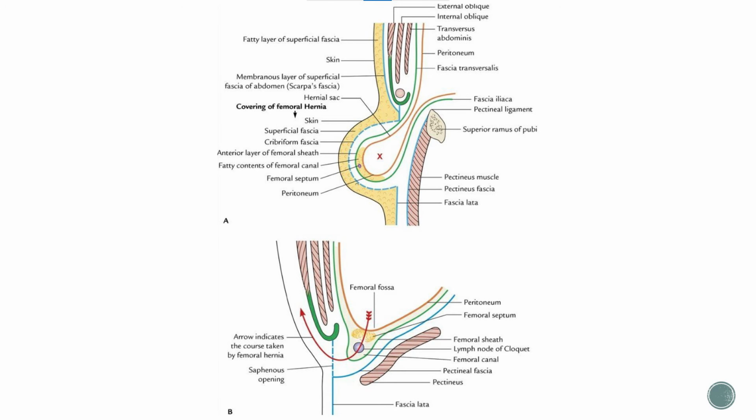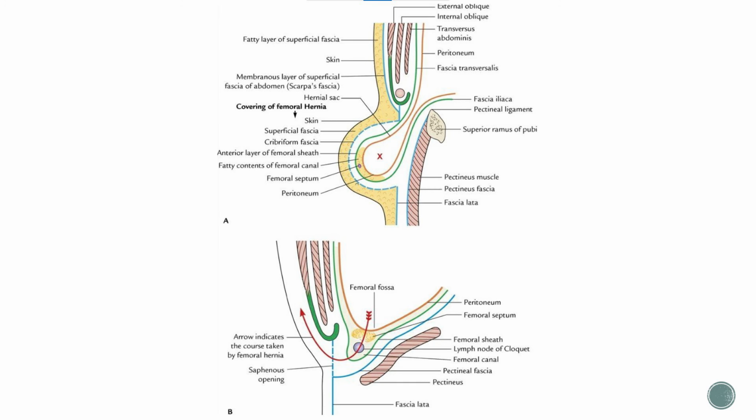Talking about the cause, as I already said, it starts with the femoral ring. From the femoral ring, it passes downwards through the femoral canal, and it protrudes out through the saphenous opening. The saphenous opening is where the great saphenous vein drains into the deeper vein, the femoral vein.